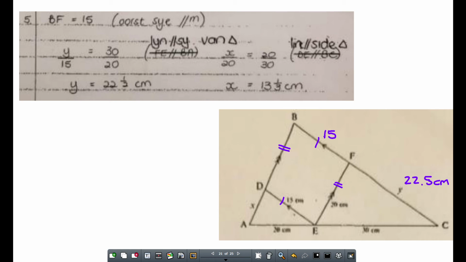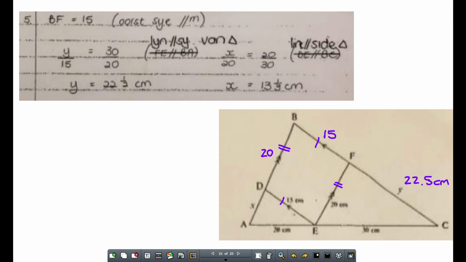Okay, dan wil ek gou vir x kry. I still got to solve x. So x over 20, kyk gou. We knew that that was 20 and therefore this will also be 20 because it was sides of a parallelogram. Okay, so if you still look at this big triangle, but now moet jy gou jou kop of jou bladsy onderste bo draai.